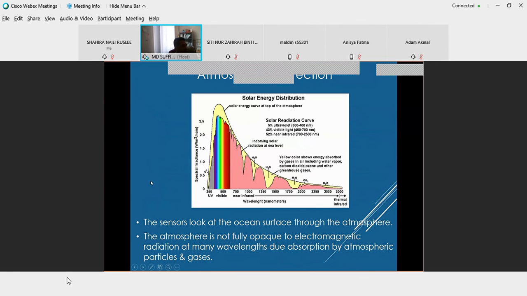So, atmospheric correction, due to particles and gases in the atmosphere.